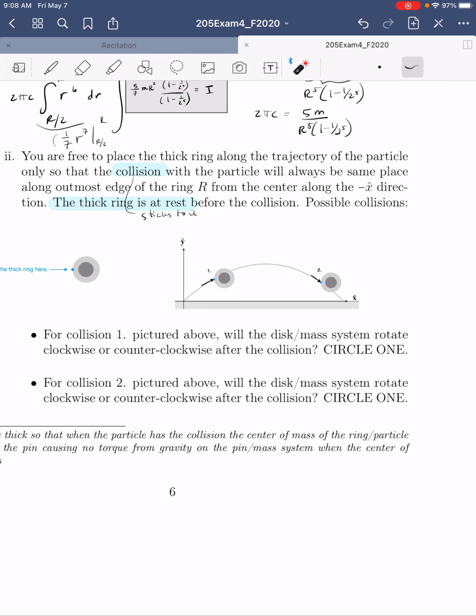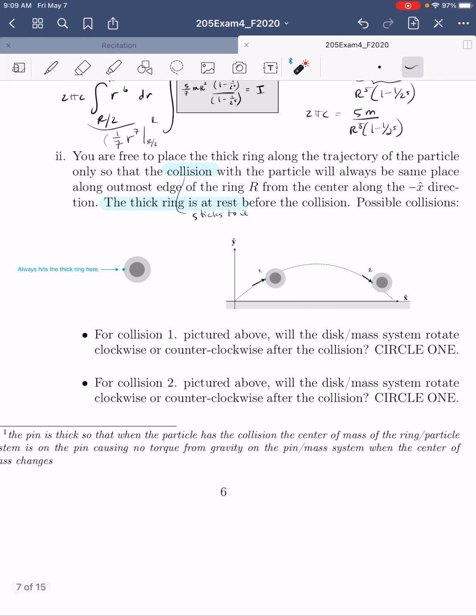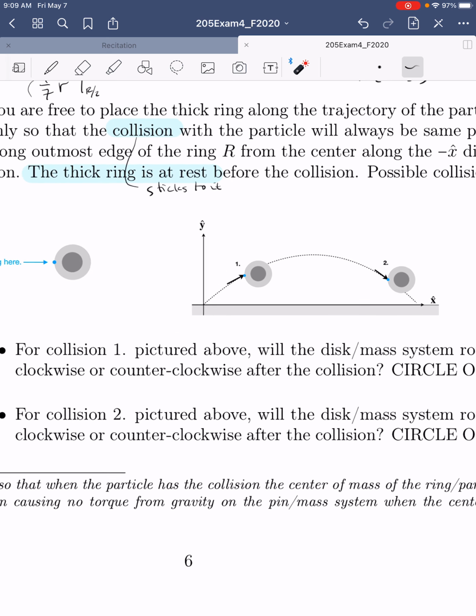And it says you're free to place the thick ring along the trajectory of the particle only so that the collision with the particle will always be at the same place. So what this is telling you is that the particle is going to always hit it right here on this outer edge. This is for ease of calculation later on. It's not just to be picky or weird.